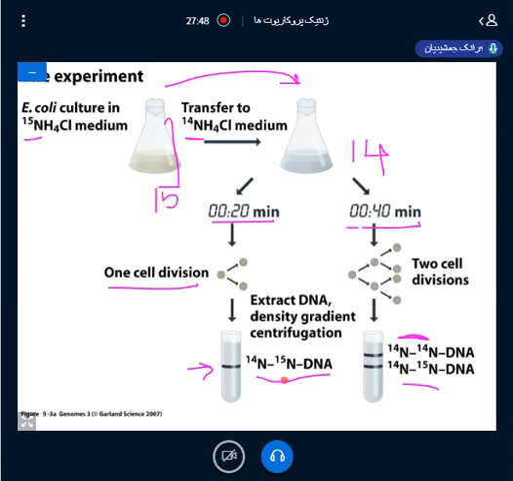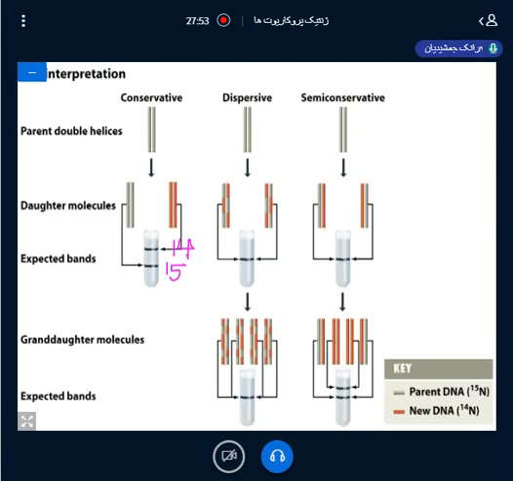Look at this, we had one band, yes? So from this, it means that conservative is incorrect, yes? If the conservative was correct, we would have two bands, but we see one band, yes? Does everybody understand up to now?